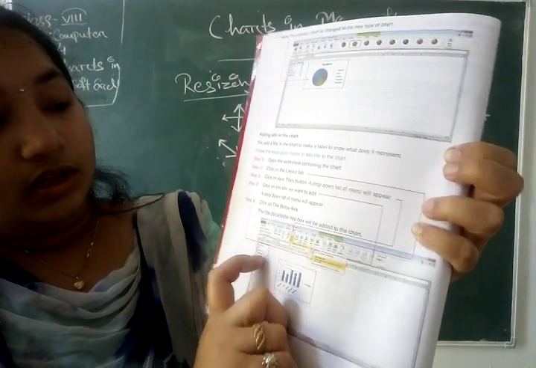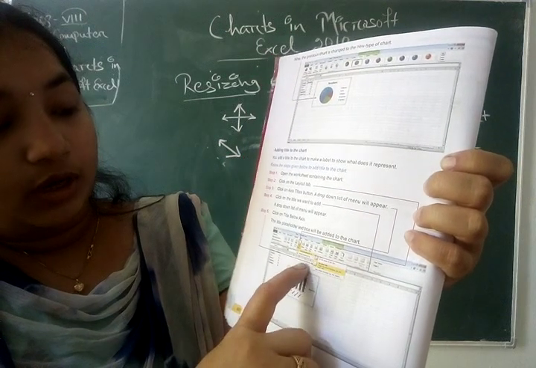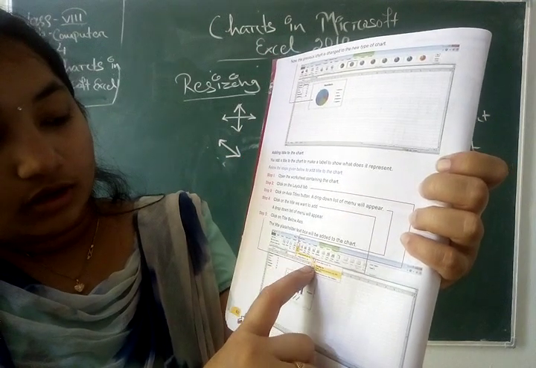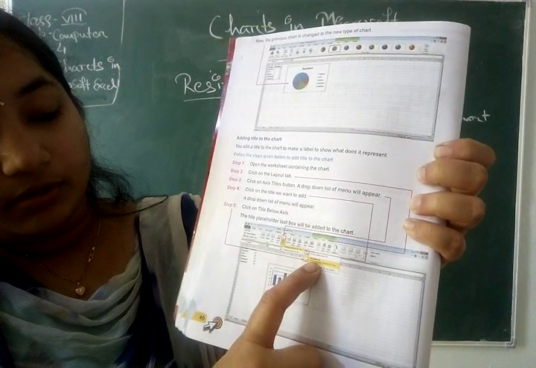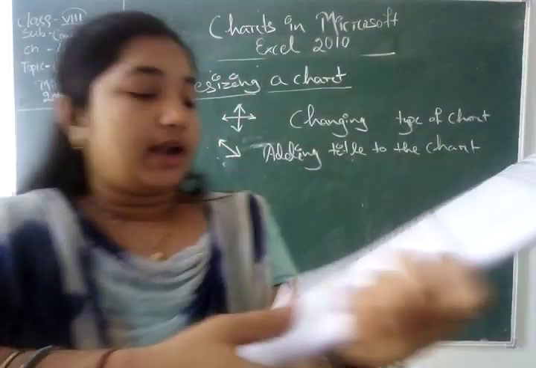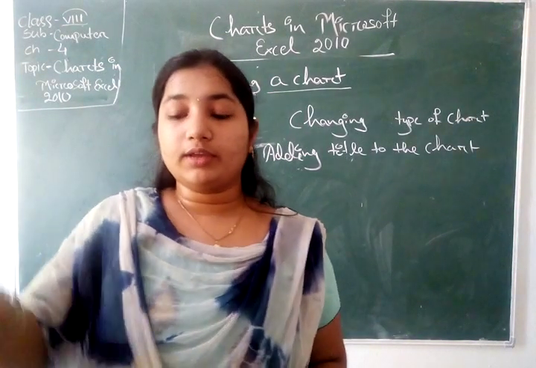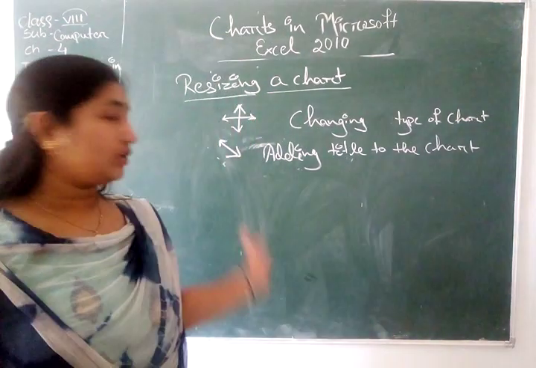After that, we have to click on title below axis. Here is the title below axis. Here we have to click on that, and we have to type the title, whatever heading we want to give to that information.